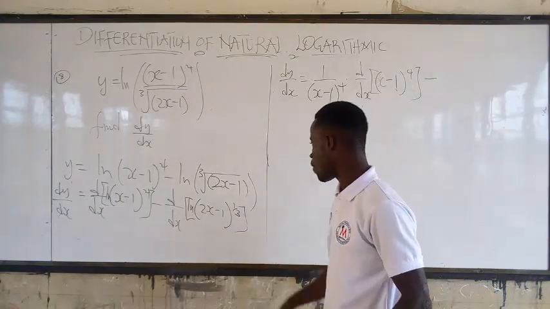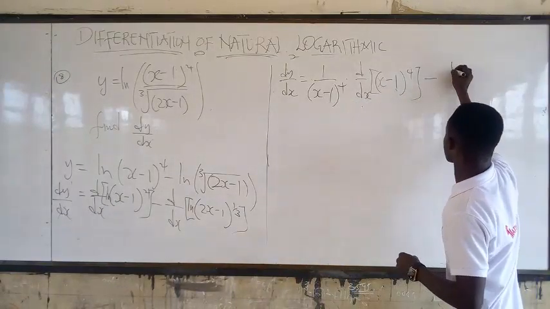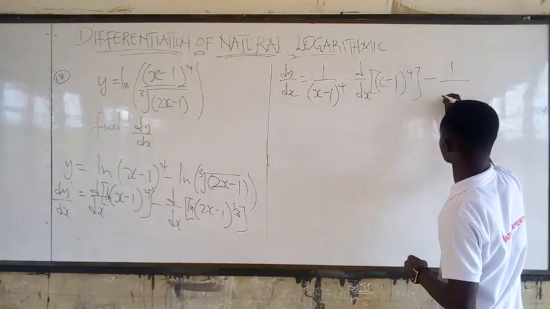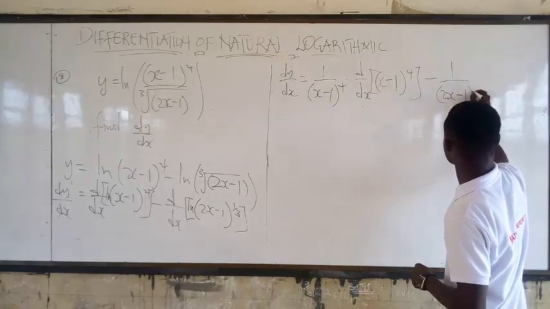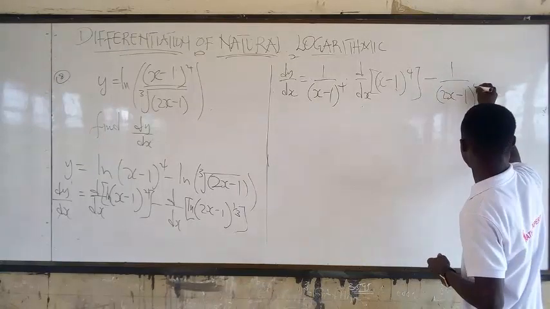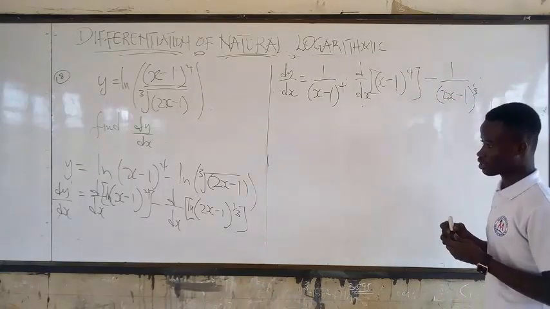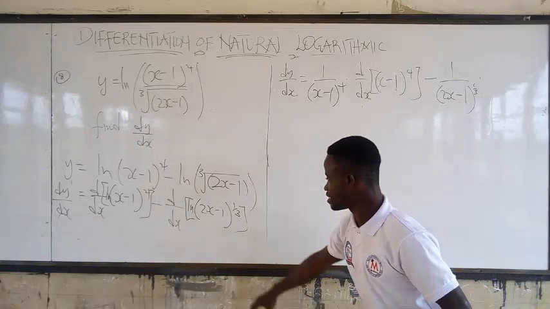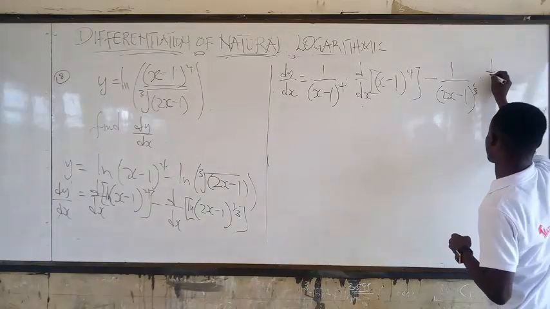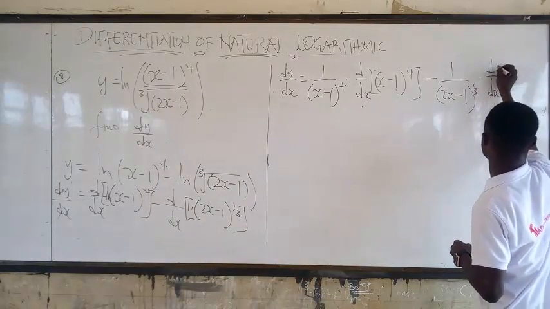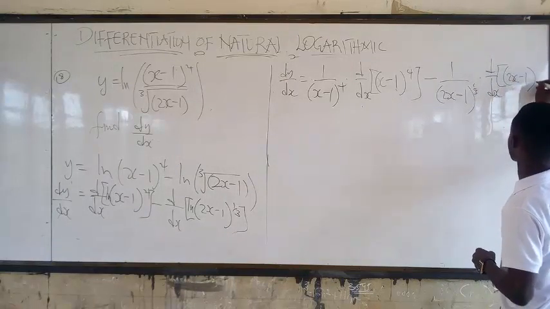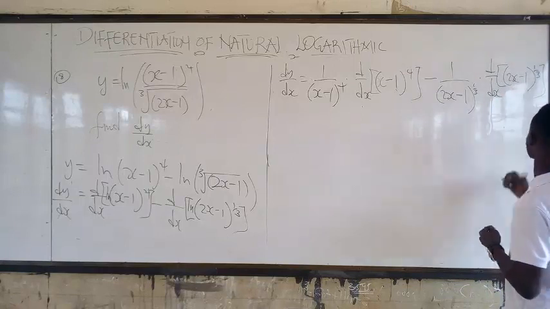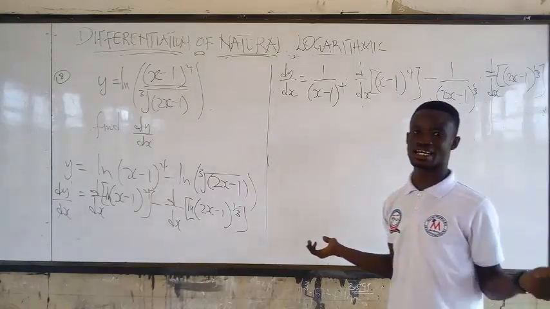Minus 1 over the whole of that, so 1 over (2x minus 1) to the power 1 over 3, and the derivative of the inside, which is (2x minus 1) to the power 1 over 3. Just simple.